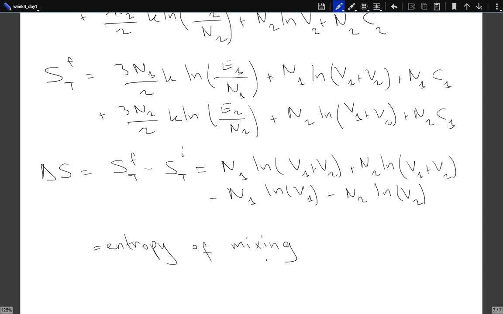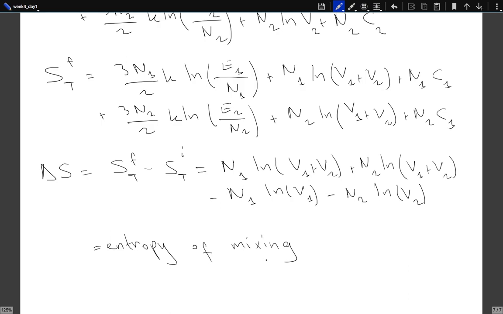Well, this is not really a big surprise. If you have two different gases and an isolated system, you just remove the barrier, then they start mixing on their own. The second law of thermodynamics tells us that if a process goes on spontaneously in an isolated system, entropy can stay the same or it can increase.